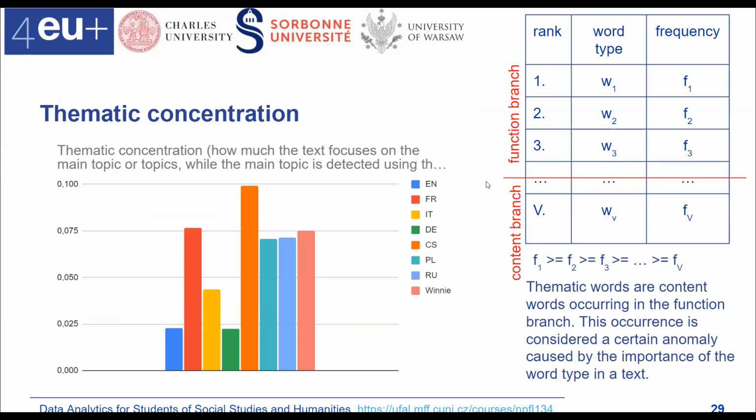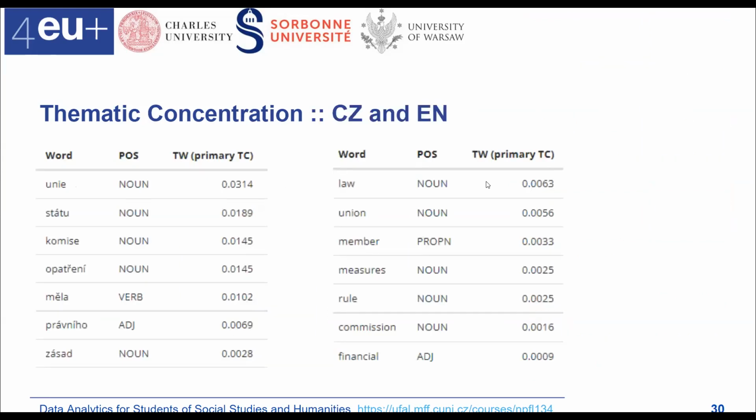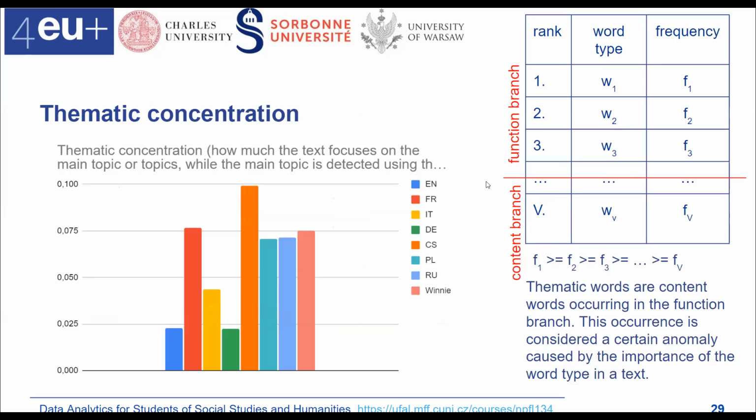So this is just an idea of what we are working with, but to interpret these numbers mathematically and with respect to some statistical significance, we will definitely dive into details, and into more detail on the formula for the thematic concentration computation.